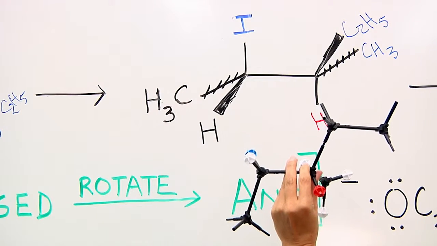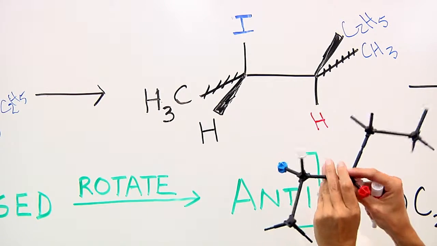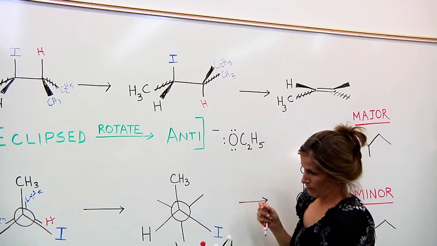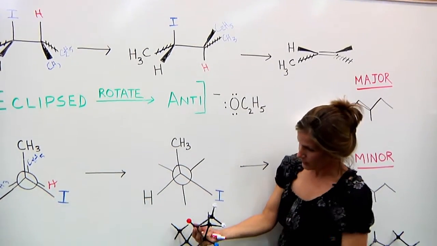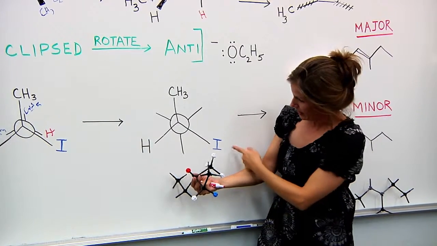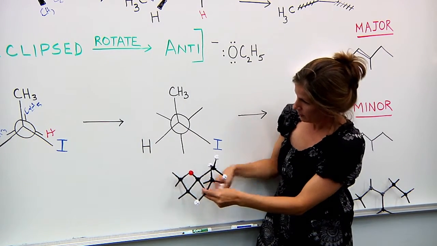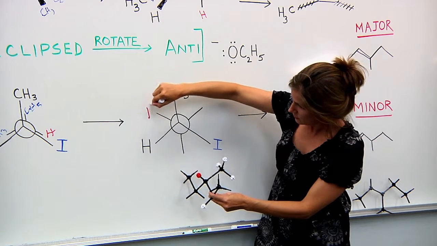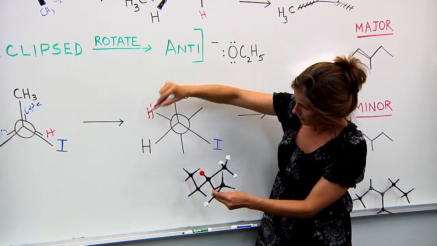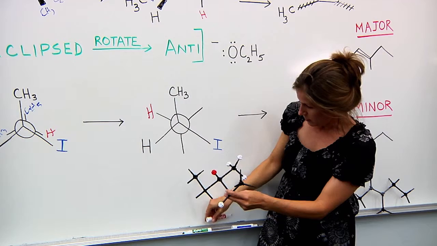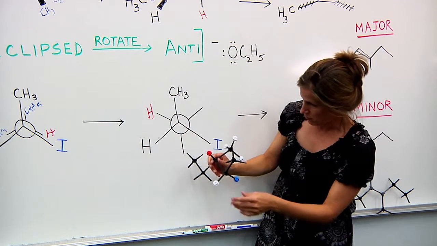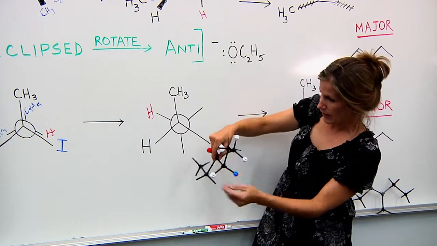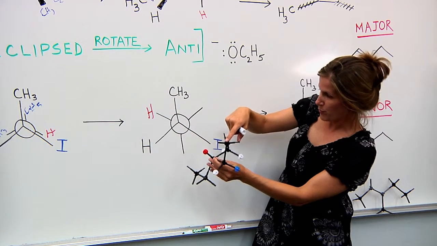If we look at this again in the Newman projection, you can see that we've got iodide on the front. The hydrogen is going to be in the anti-position. Now, at the top, you have the methyl group.